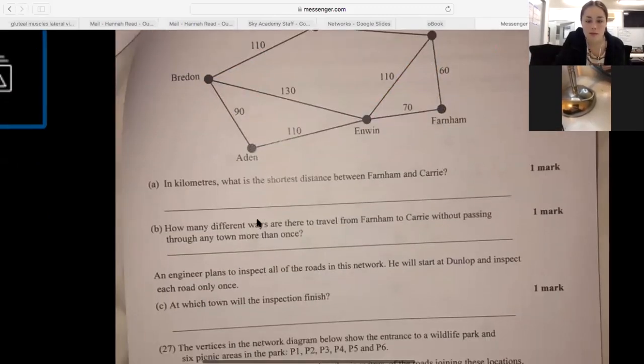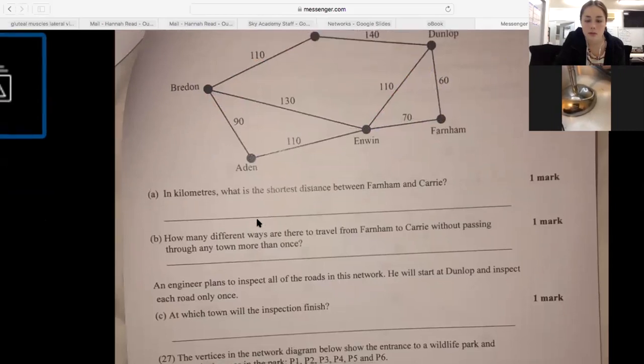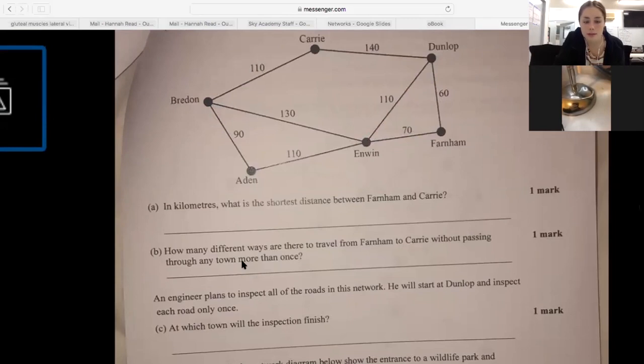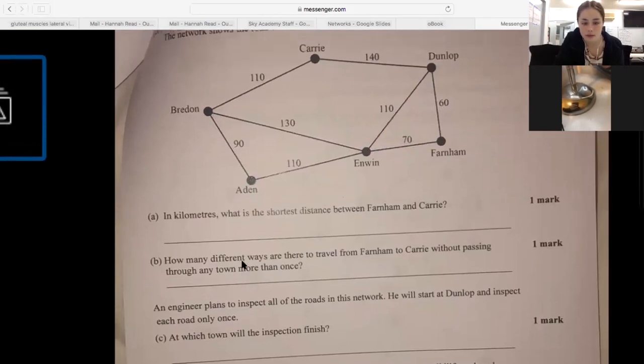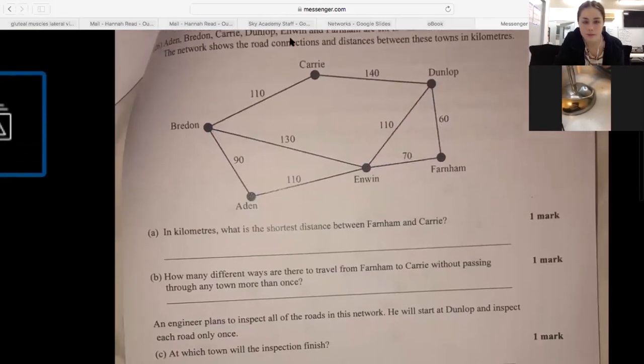An engineer plans to inspect all of the roads in this network. He will start at Dunlop and inspect each road only once. At which town will the inspection finish? Okay, interesting question. Does it have to go to every dot or every number?